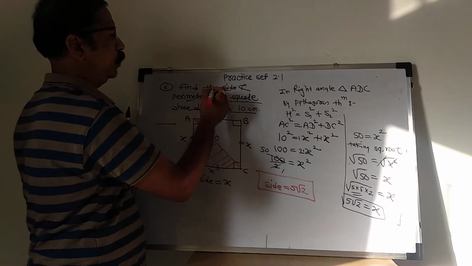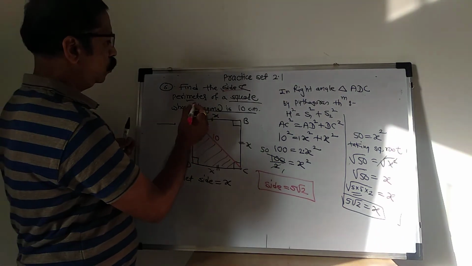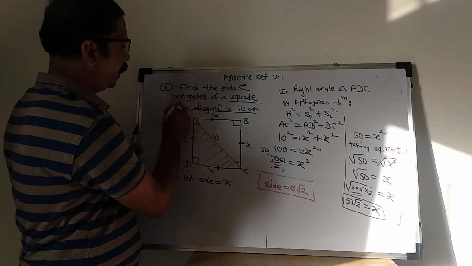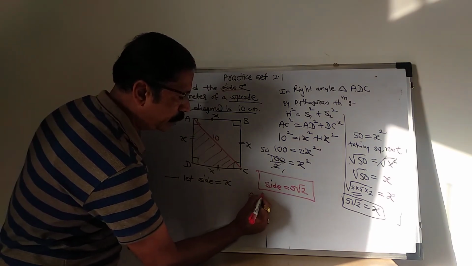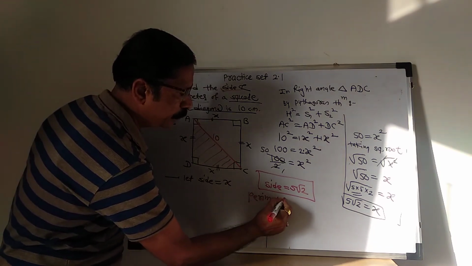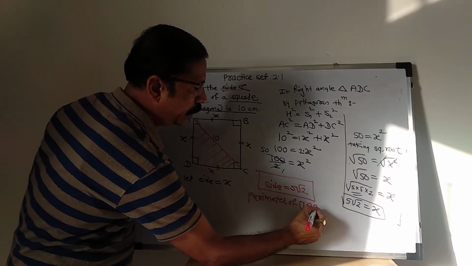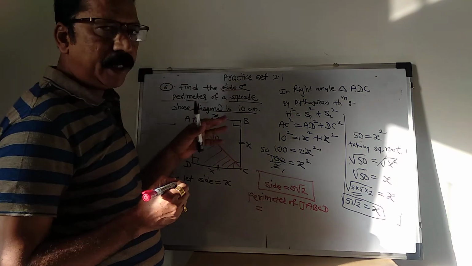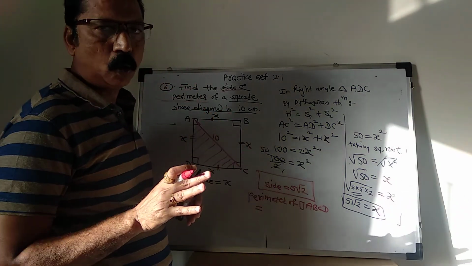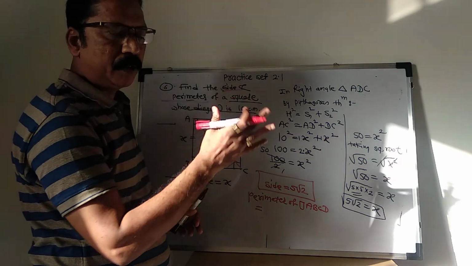This is the first part: find the side. And the next part is to find the perimeter also. What do you know about the perimeter? Perimeter of quadrilateral ABCD. Perimeter of any figure means the sum of all sides. If there is a triangle, the sum of all 3 sides is the perimeter of the triangle.